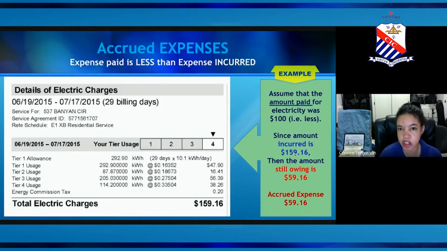So which means we did not pay all of the amount of our electricity incurred. Therefore, since it is less, we are still owing $59.16, and that is called an accrued expense. It's your accrued electricity of $59.16, which means you are still owing $59.16. As easy as that.